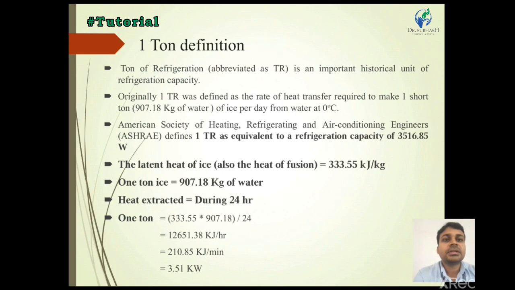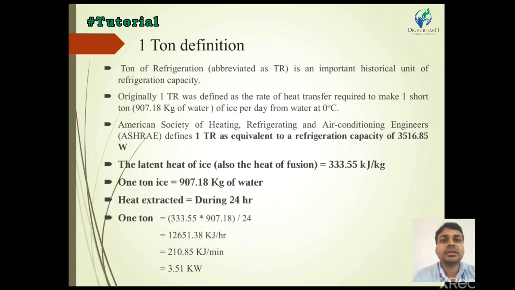1 ton of refrigeration is an important historical unit of refrigeration capacity. It means we have to define the refrigeration capacity in tons. That is the unit of refrigeration capacity. Originally 1 TR was defined as the rate of heat transfer required to make 1 ton of ice per day from water at 0 centigrade.